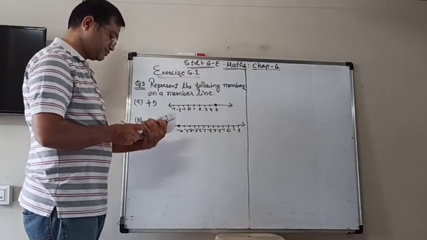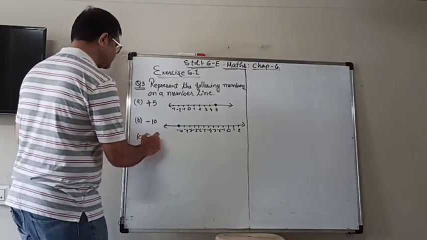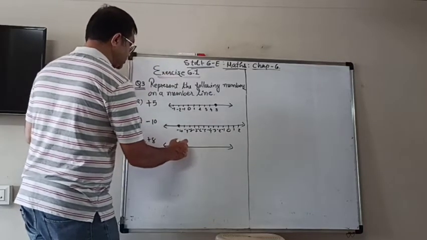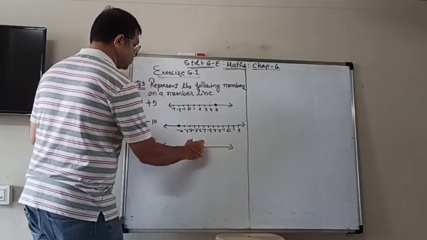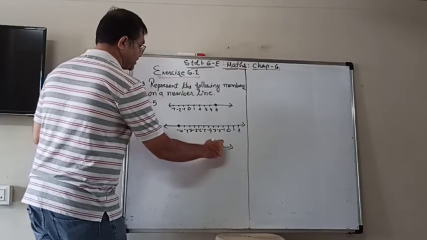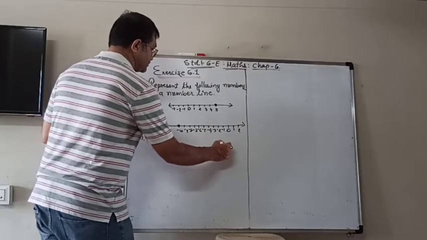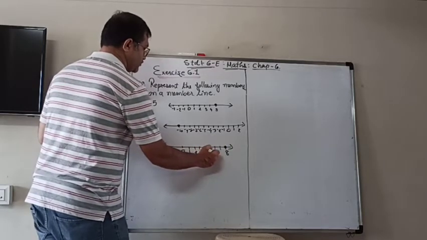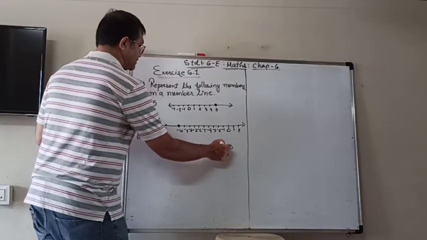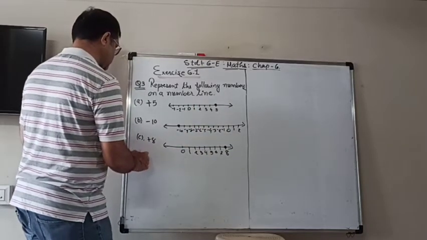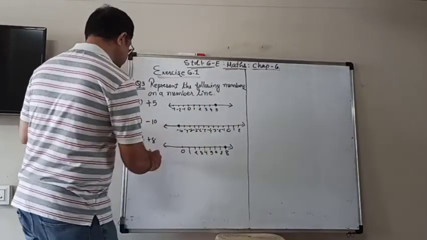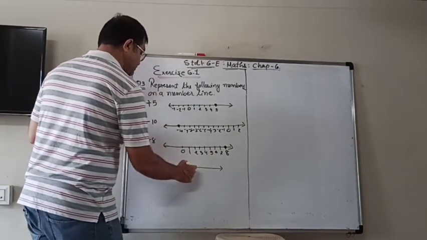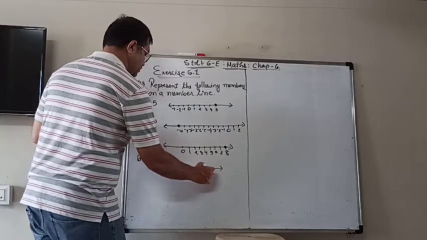Third one is plus 8. So plus 8, you can do like that, 0, 1, 2, 3, 4, 5, 6, 7, 8. Fourth one is minus 1. Minus 1 is very easy. 0, 1.